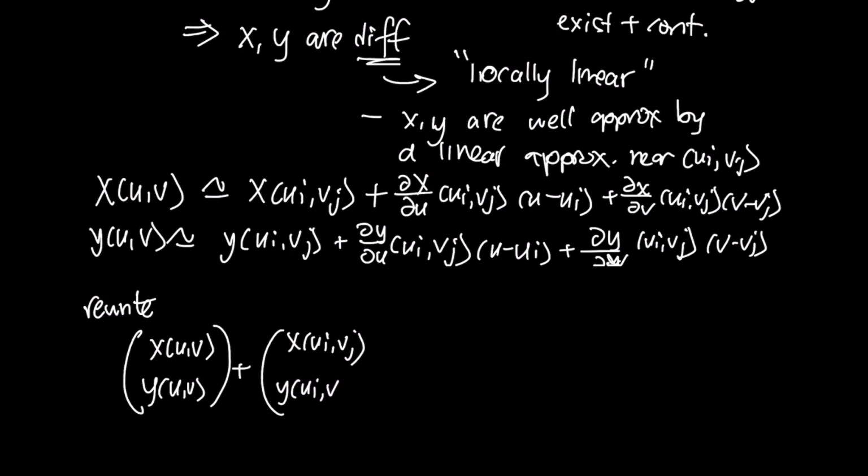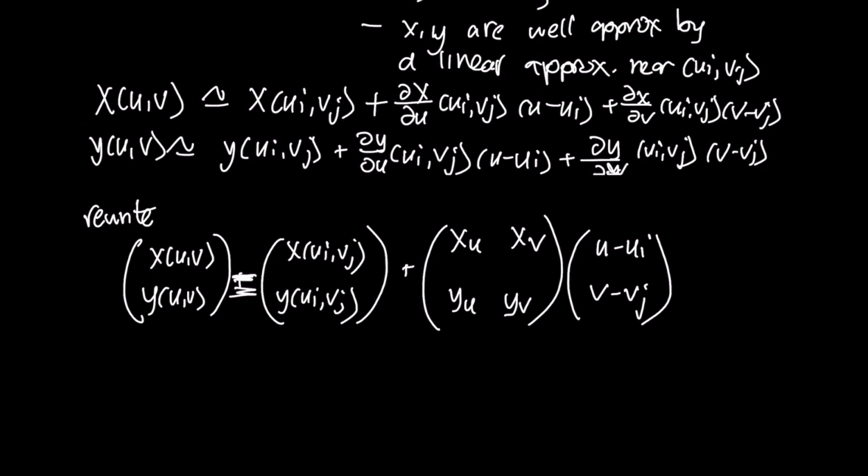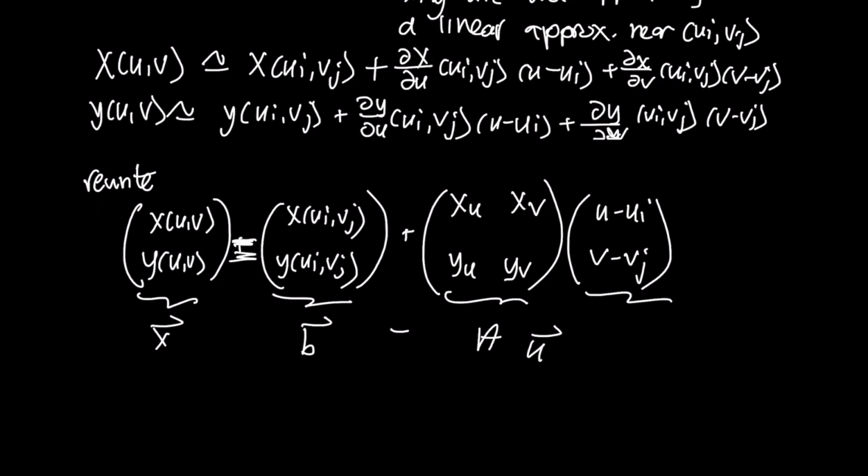And I'll just use some shorthand notation for these partial derivatives. And remember that each of these partial derivatives is evaluated at the same point ui and vj. If we were to call this our vector x, this will be some vector b. Here's a matrix A. We'll call this u.